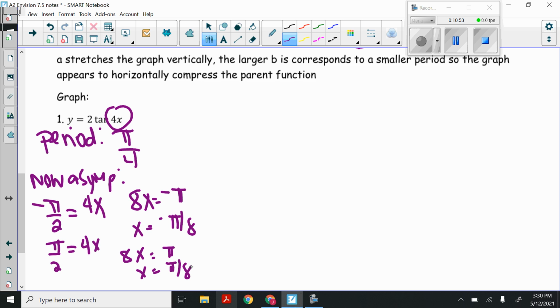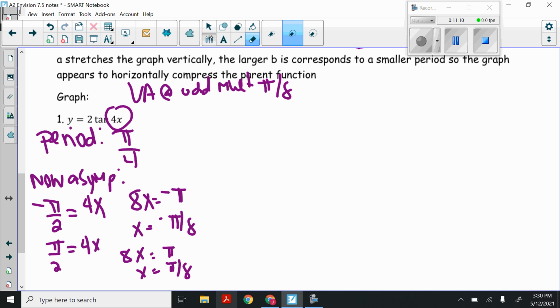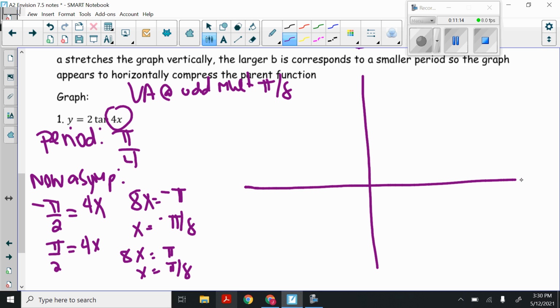So we have vertical asymptotes that are odd multiples of pi over 8. All right, so we're going to draw 2 full cycles. Let's get a straight line going. We're going to draw 2 full cycles of this tangent function. I know that I need pi over 8, so I'm going to do a pi over 8 and a negative pi over 8.